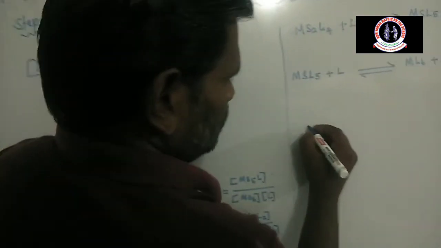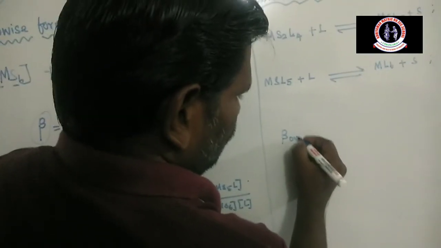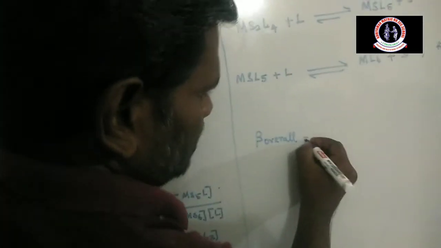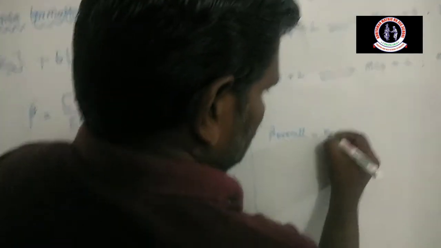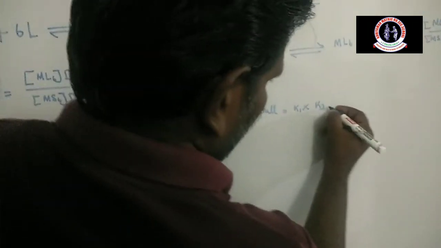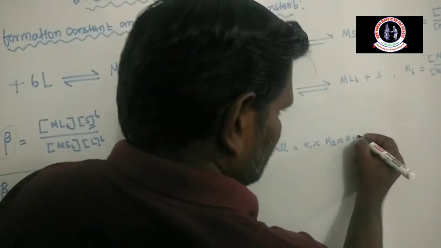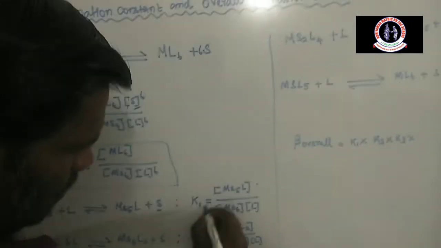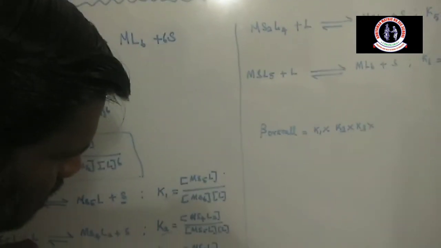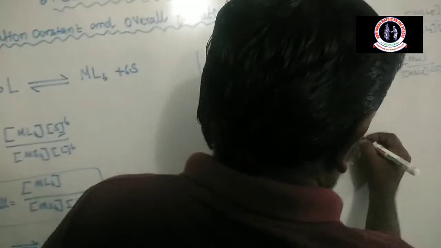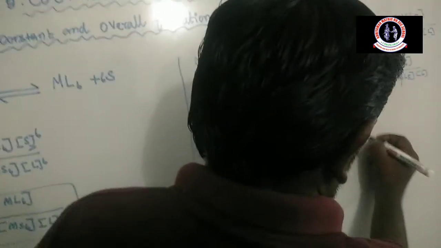Now beta overall is equal to K1 into K2 into K3 into K4 into K5 into K6.